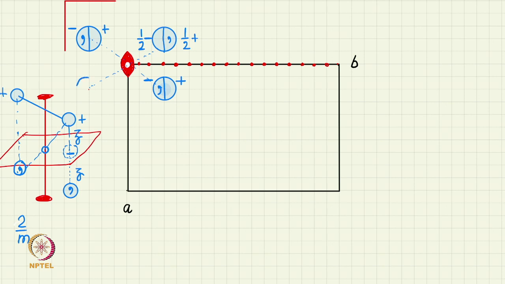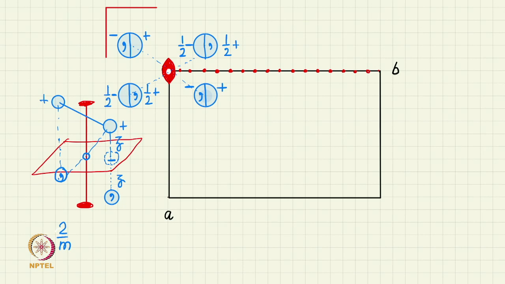So, I can then add 2 more points 180 degrees away without change of handedness and without change of height. So, half plus will remain half plus, half minus will remain half minus.